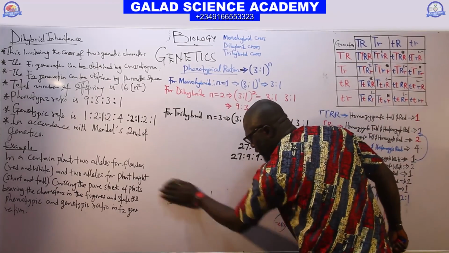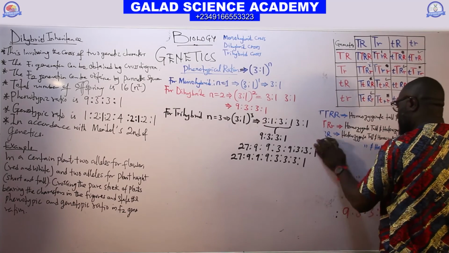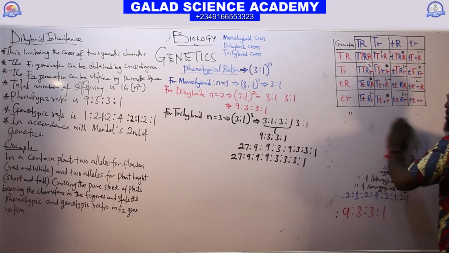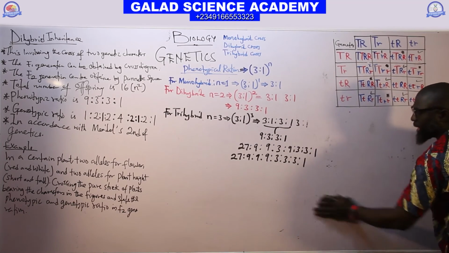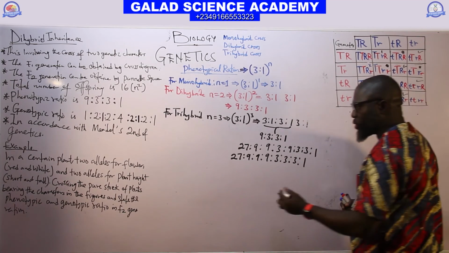But what is the short formula for us to know the genotypic ratio?